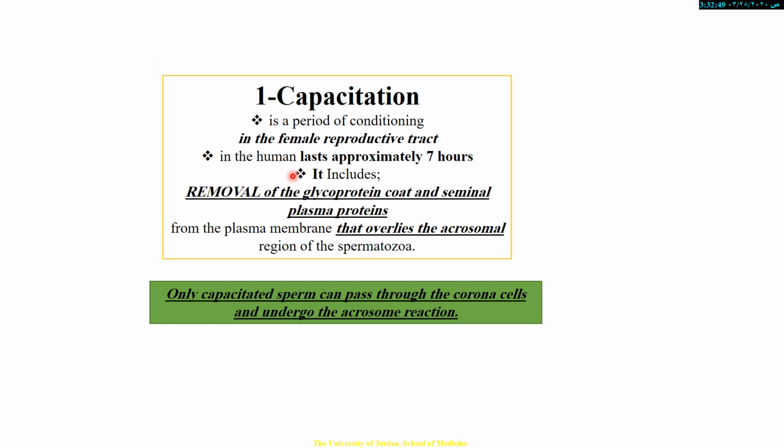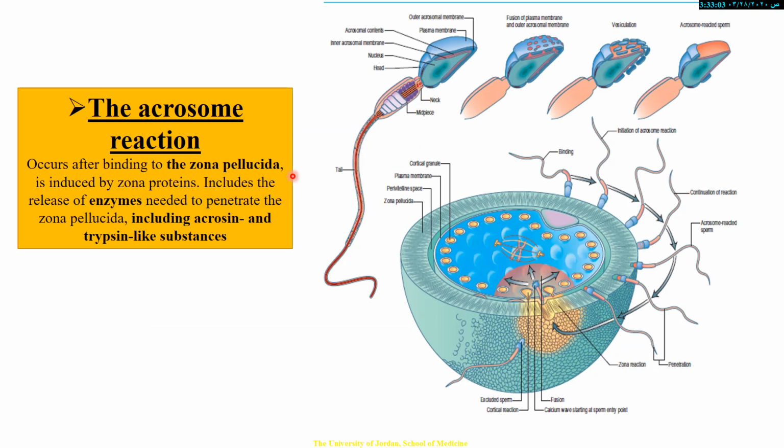Right, now the sperm has been capacitated, the proteins from the head have been removed, and the sperm is ready to face the second wall, which is the zona pellucida.